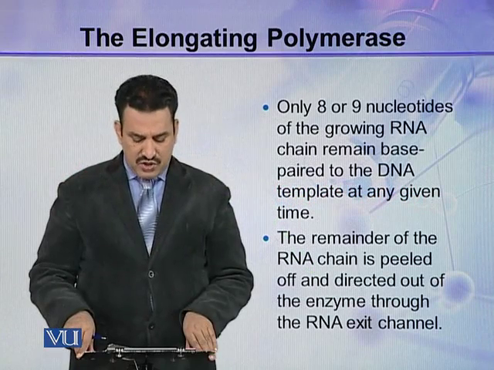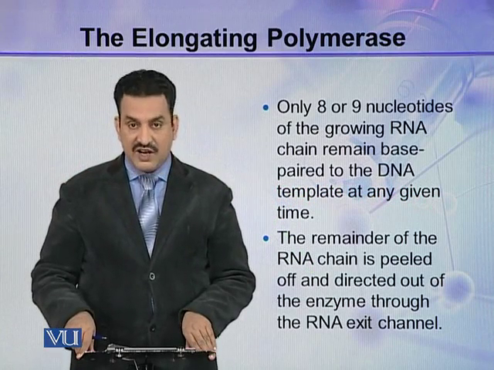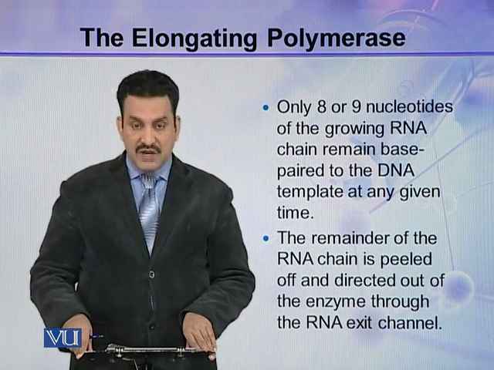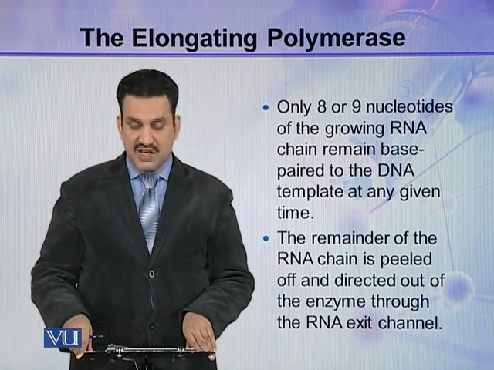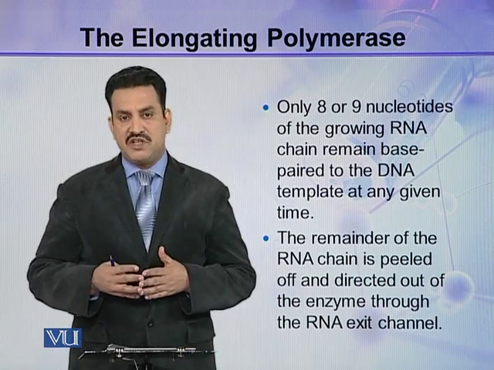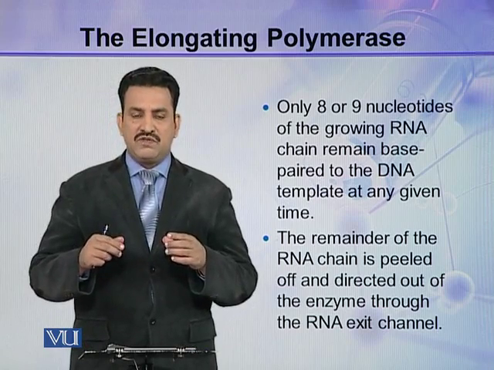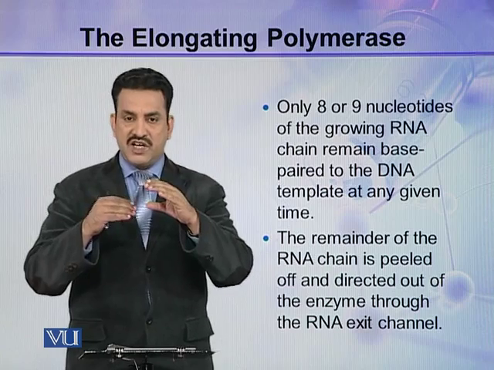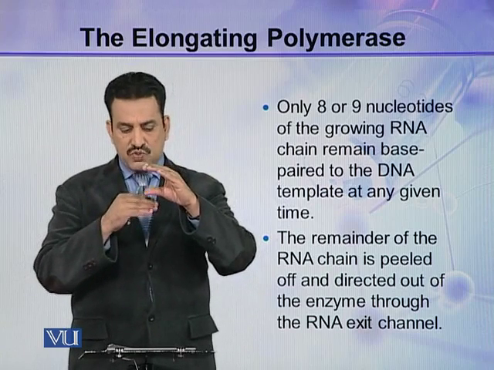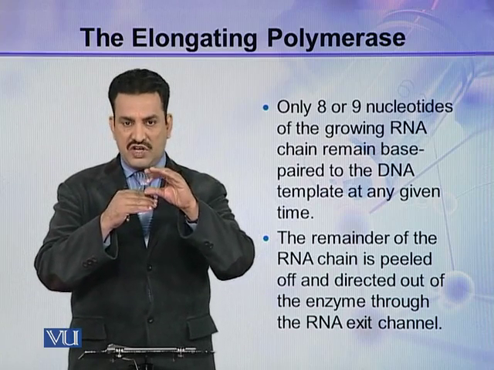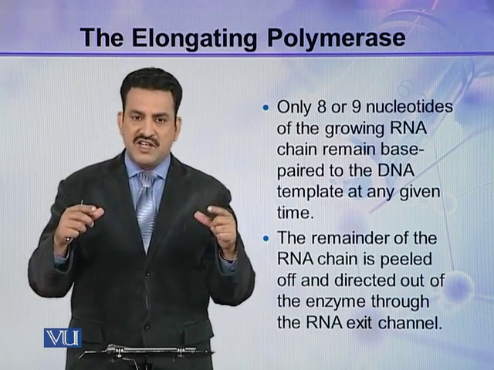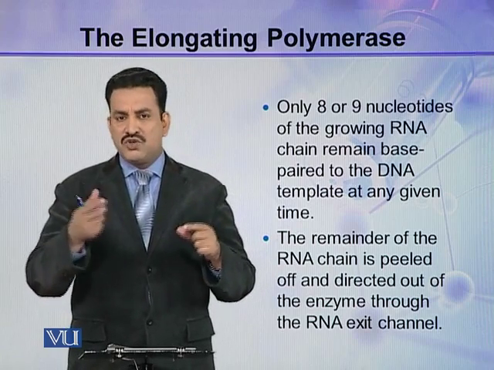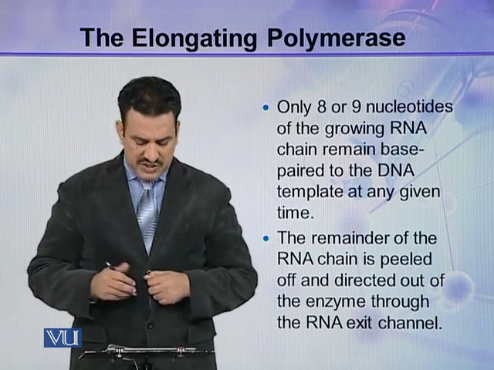Only 8 or 9 nucleotides of the growing RNA chain remain base paired to the DNA template at any given time. So you have seen during synthesis, the newly synthesized RNA strand is attached to the DNA strand by only 8 or 9 bases.